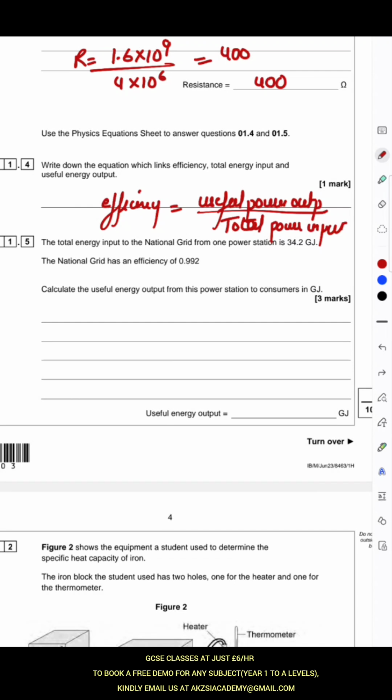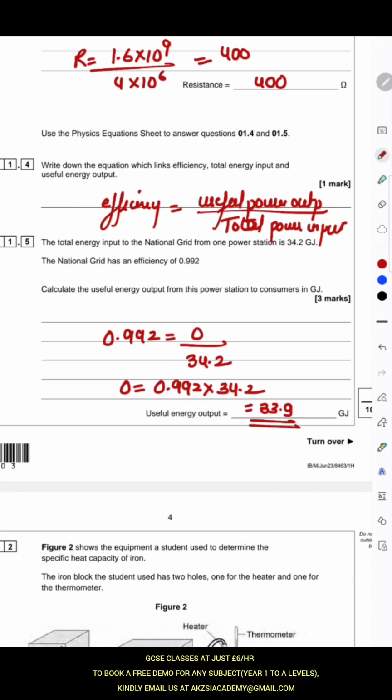So directly I can say efficiency is 0.992. We have to calculate the output, let me denote it with O, and input is 34.2. On cross multiplying, our output is 0.992 times 34.2, which will give you the answer as 33.9 gigajoules. So that's your answer.